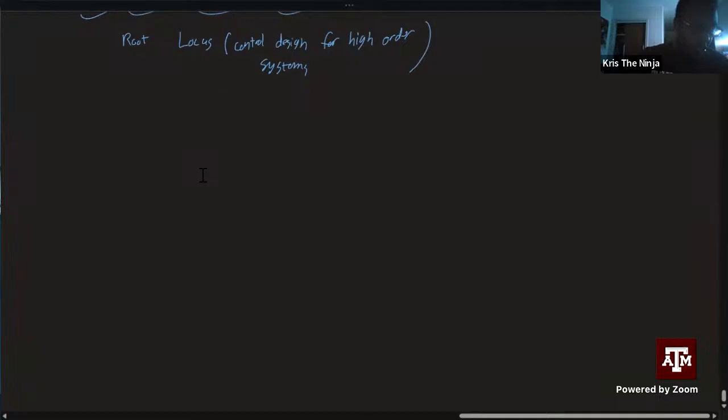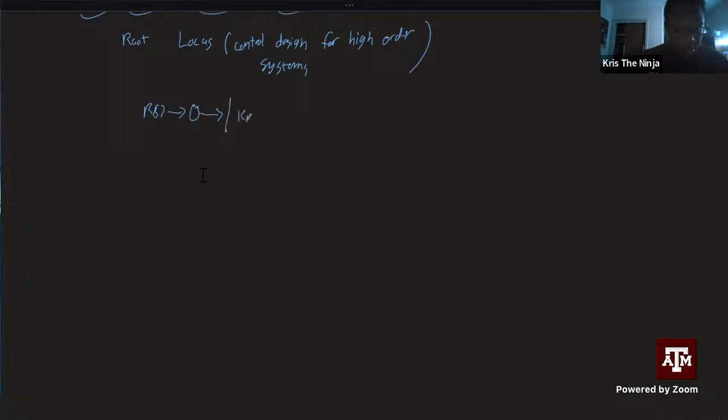We've got R(s) coming in here, we've got Kp and a G(s), and then that goes to an output Y.